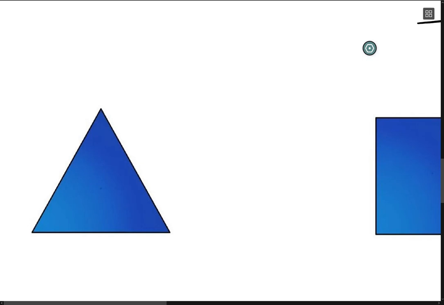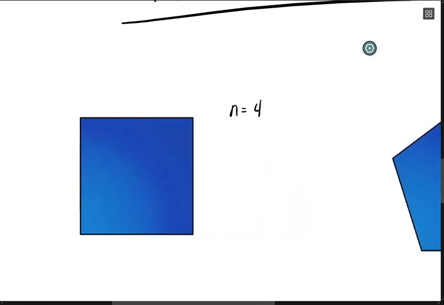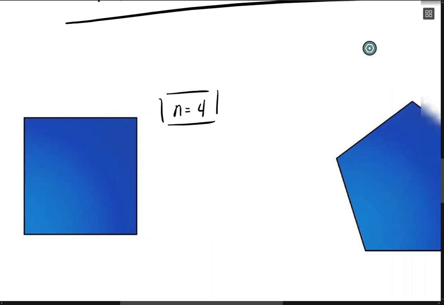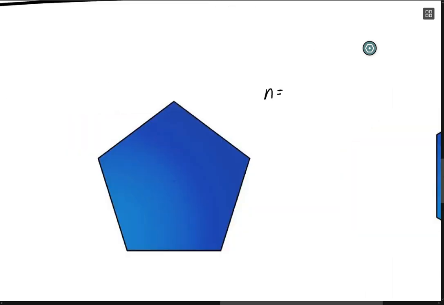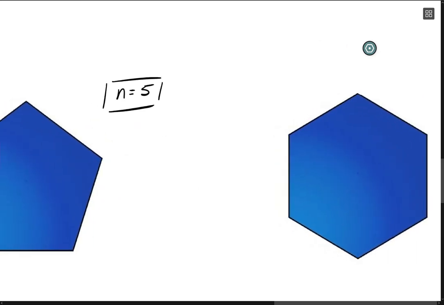What I would like to talk about is, you guys remember what we would say n is equal to here? N is, we've done this before, the number of sides. What is n in this case? Very good.